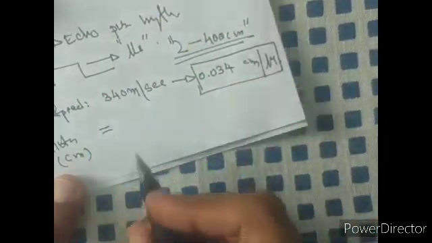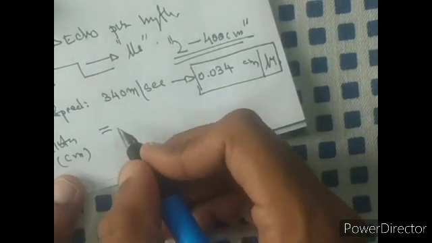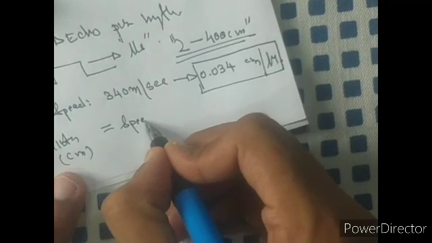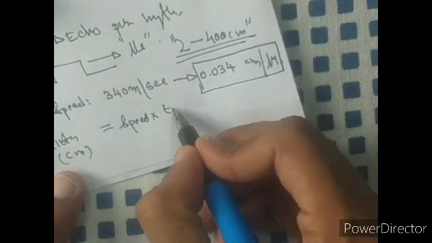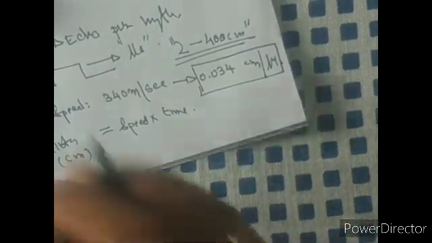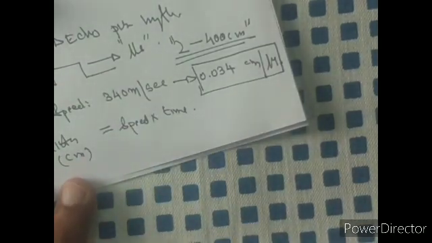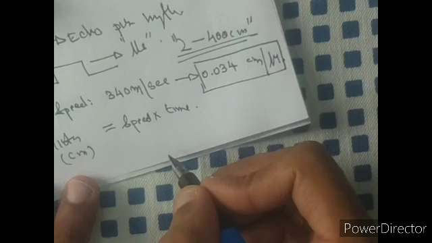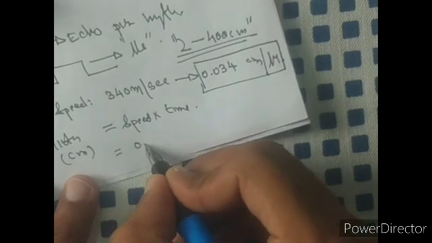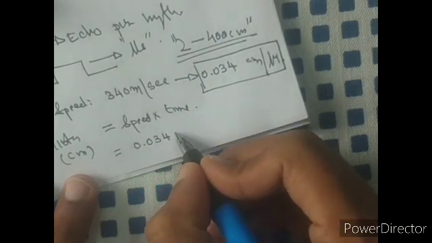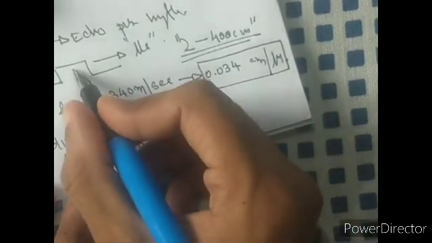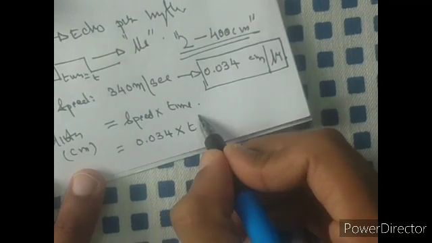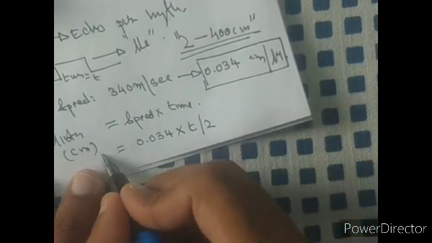So distance is given by what? Speed into time. Okay, so here there is to and fro motion, so we have to take half of the time. So speed 0.034 into the pulse width time, that time divided by 2 will give the distance in centimeters.